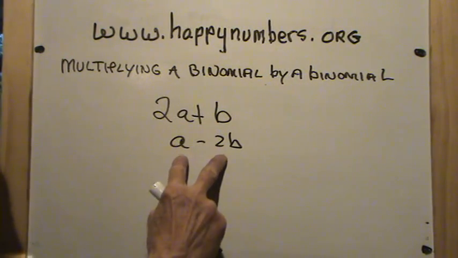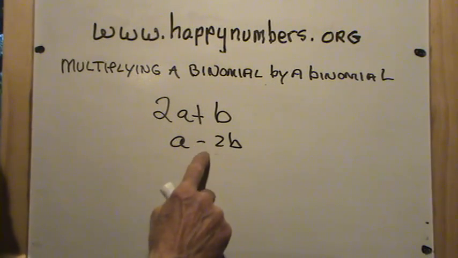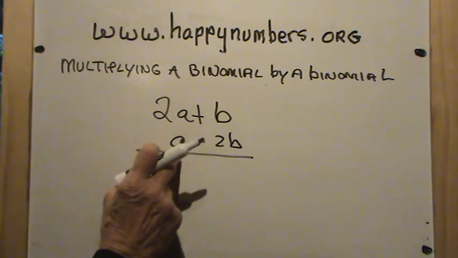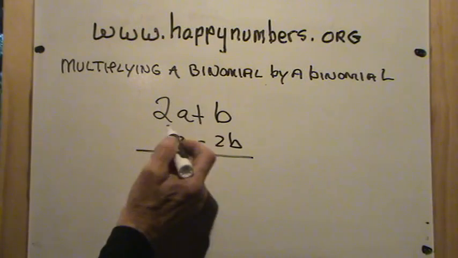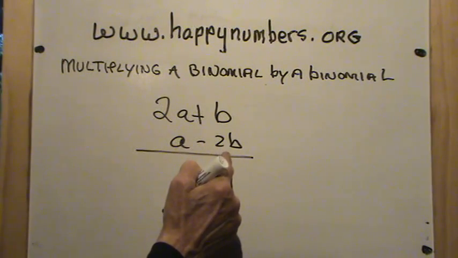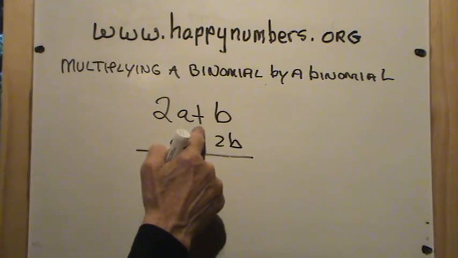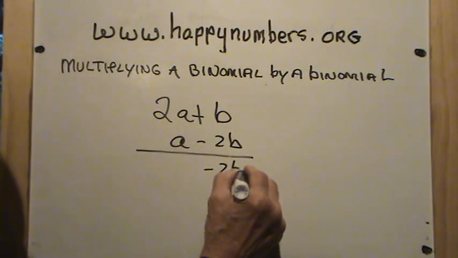And my bottom binomial is a, and remember this is 1a minus 2b. Again, I multiply each term in the top binomial by one term in the bottom binomial. Minus 2b times positive 1b gives me minus 2b squared.